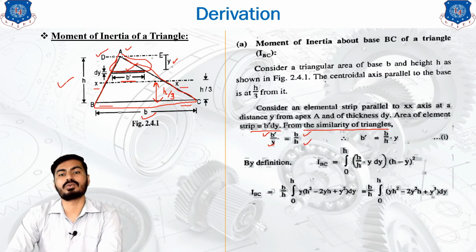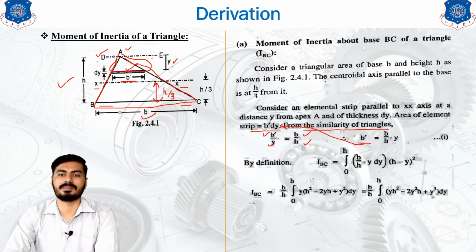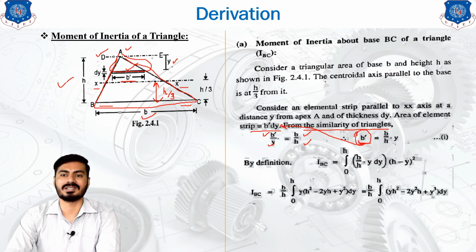Our intention is to make B dash the subject, in order to calculate the area of the strip. So we keep the other things on the other side of the equals sign, and our B dash is b by h into y.